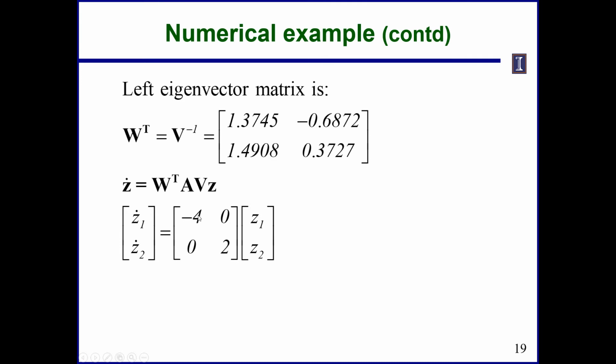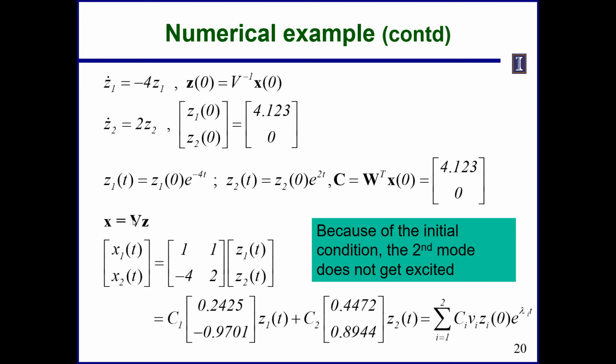So you see Z1 will affect only Z1 and the same for Z2. So from this you can say, okay, now we have a set of states which only affect themselves, but not the other.